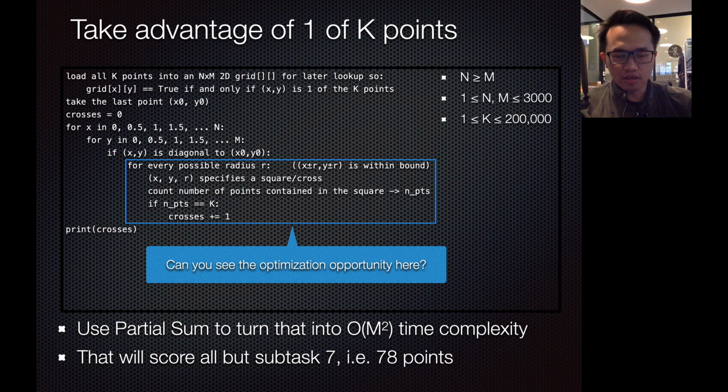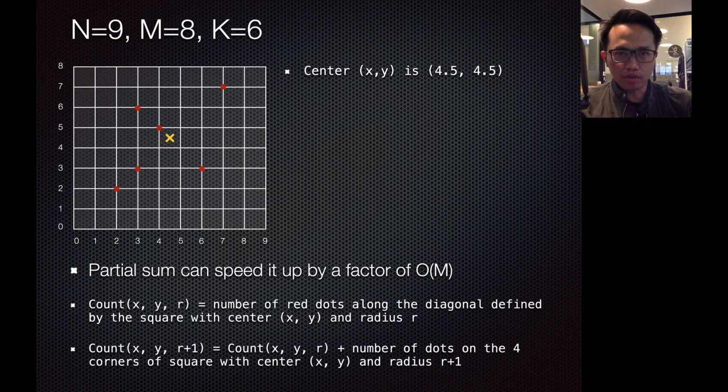So in case it's not clear to you what I mean by using partial sum, let's look at this visualization of the idea. We're considering a 9 by 8 grid, and k is 6, so 6 red dots here. Let's formulate something: a function called count with parameters xyr. It's defined as the number of red dots along the diagonals defined by the square with center xy and radius r.